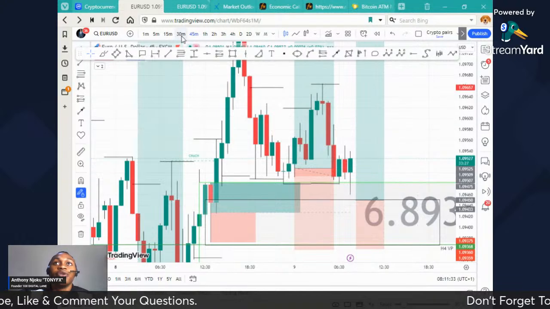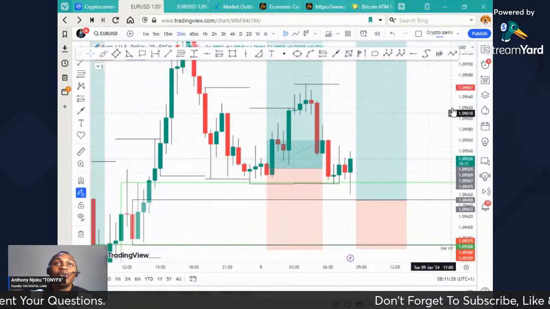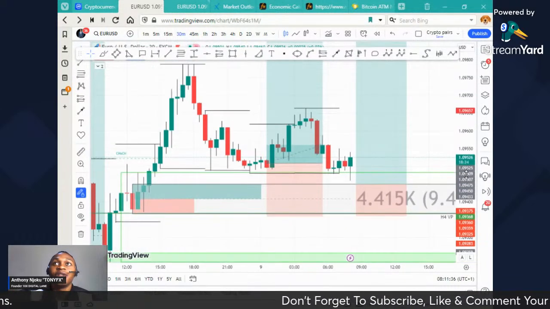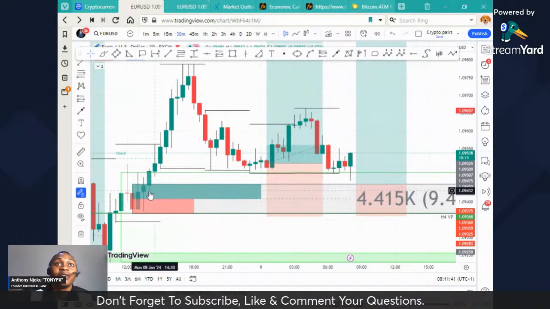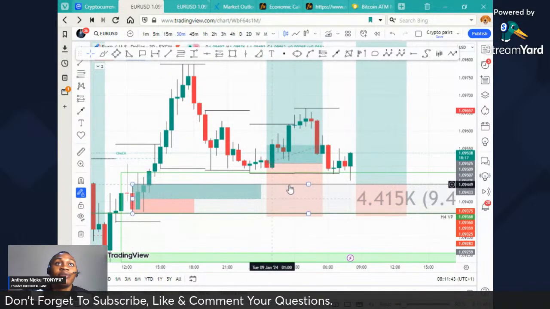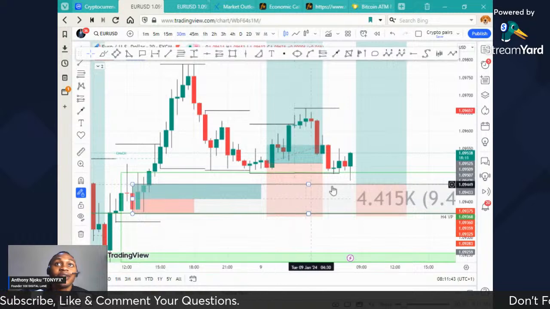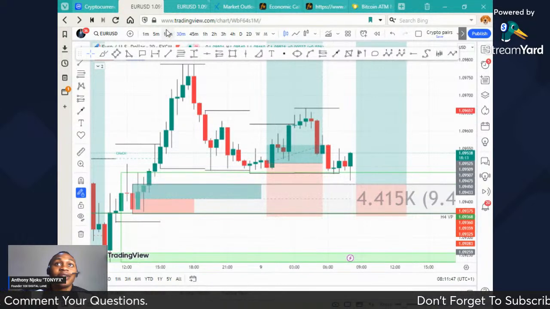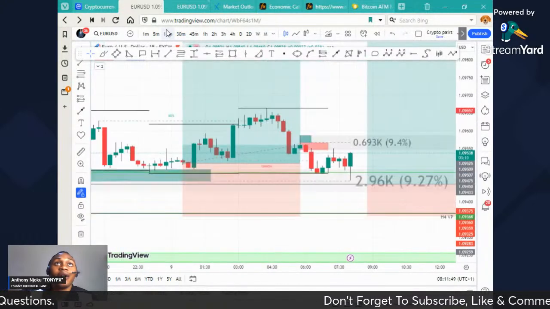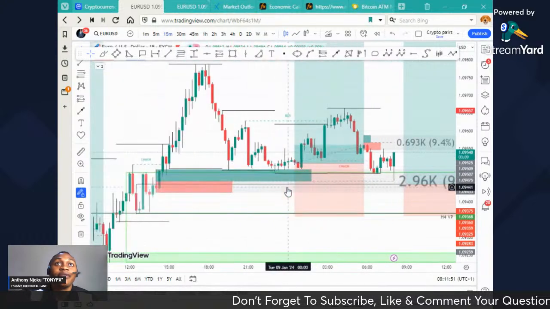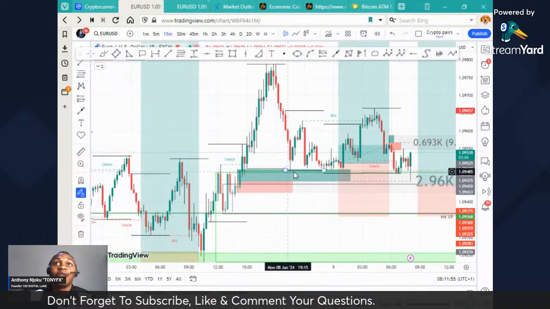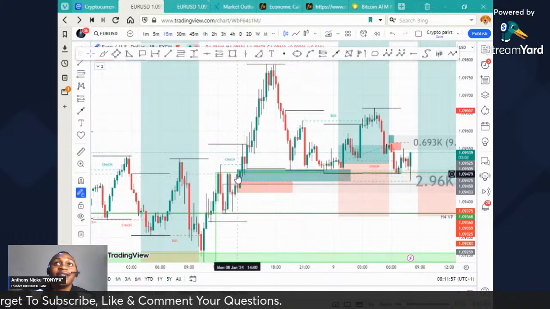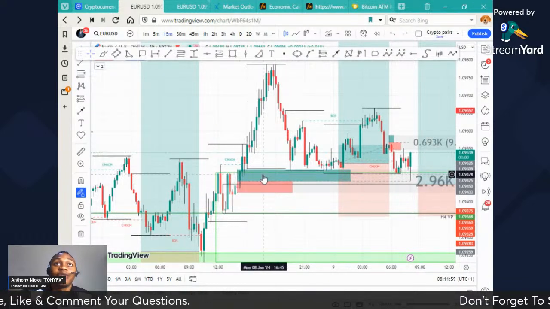Okay, so if we go lower, we see the 30 minutes order block, which has not been mitigated even once, which is over here. You can see that this is a 30 minutes order block. It has not been mitigated yet. Okay, then we go lower to the 15 minutes order block, and you see the 15 minutes order block is quite higher than the 45 minutes order block.